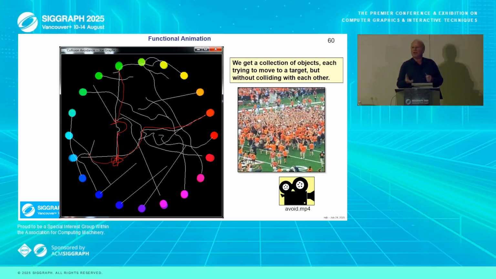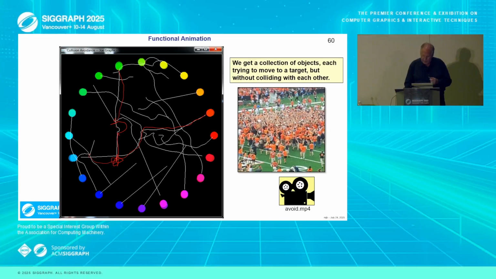Yes, certainly you change the physics parameters. If you made the spring stiffer, then it would go there faster, but it would also do wild things along the way. But again, that's your control. The actual motion is computed for you. And this is something that people do a lot.